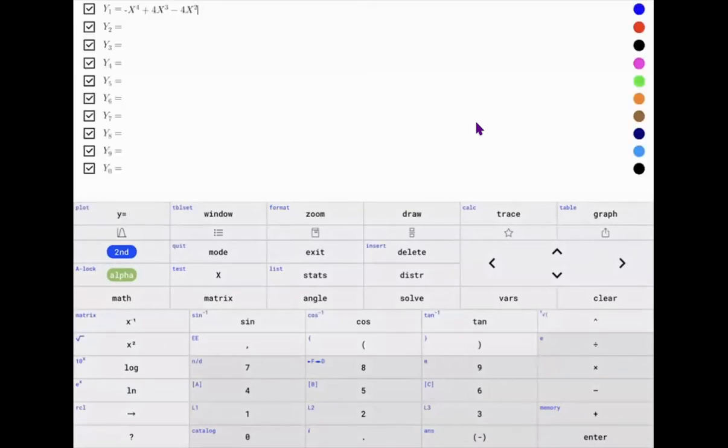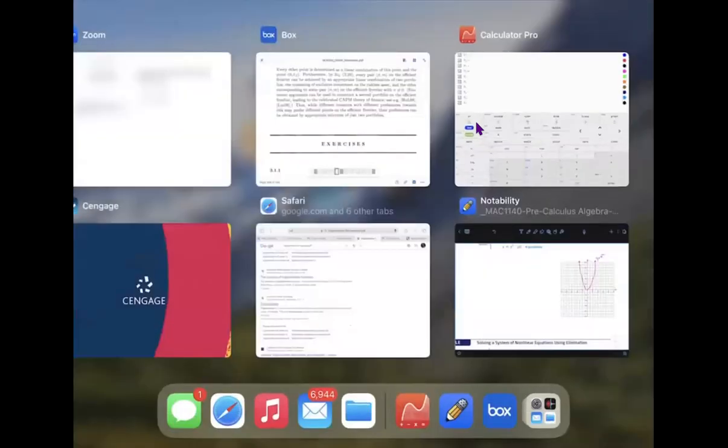Y equals, I'm gonna try to type the first function. The first function is y equals, let me go back again to see what we have.